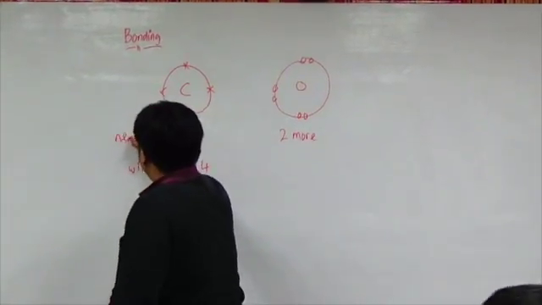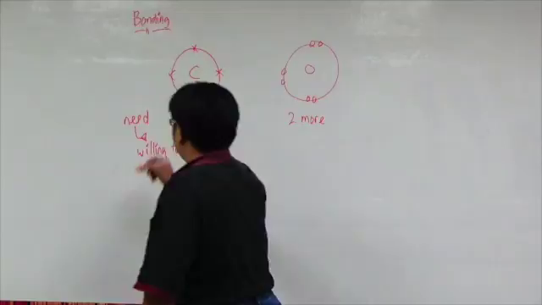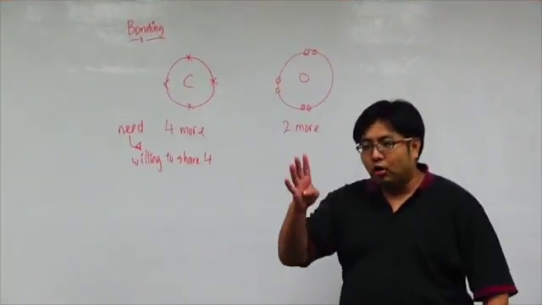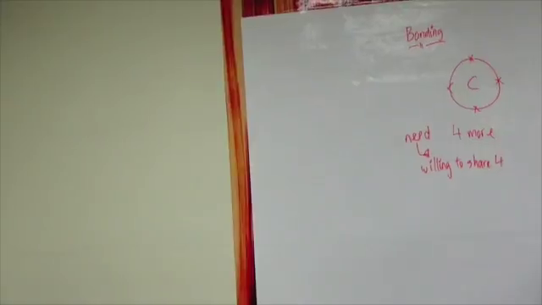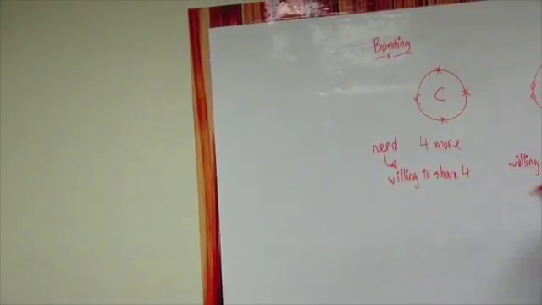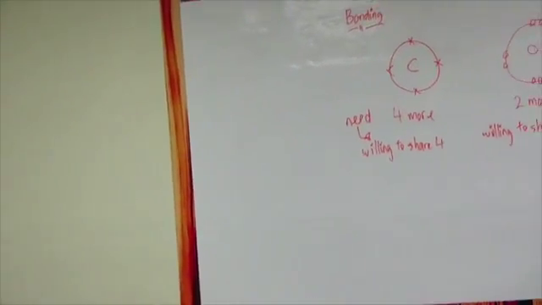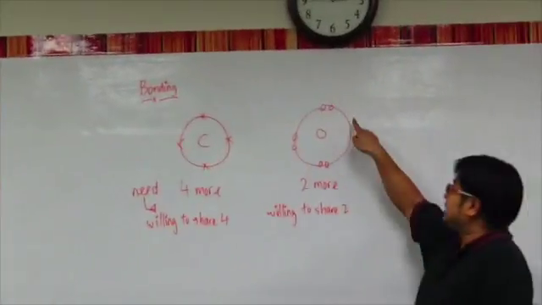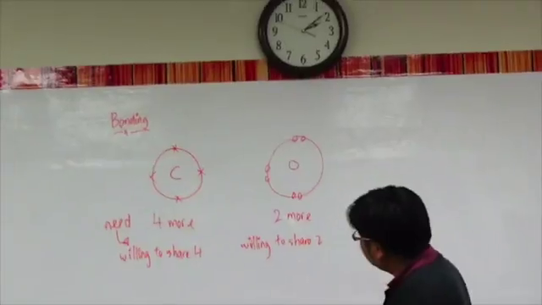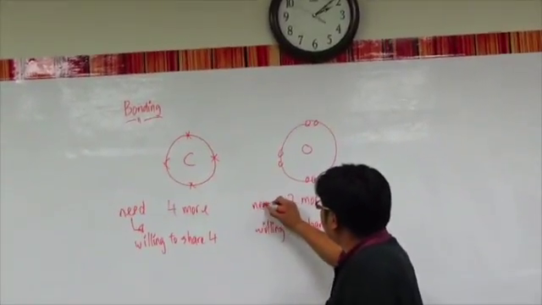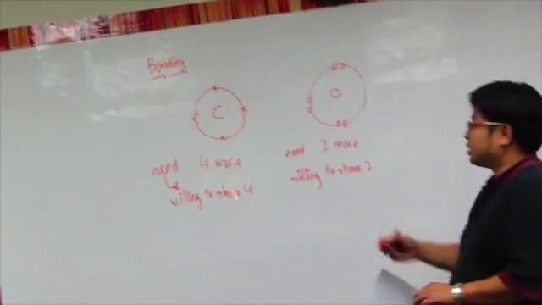The amount that it needs is the amount that it's willing to share. If it needs 4, it's willing to only share 4. If it needs 2, then it's willing to share 2. There's no such thing as because I have 6, I'm willing to share 6. It depends on the number of electrons it needs.